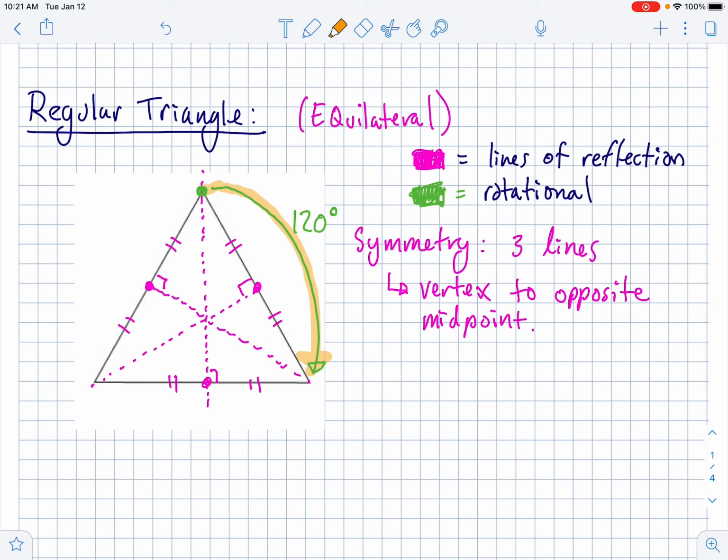So if you take this and rotate all the way to here, that's 120 degrees. If you were to take this point and rotate past the 120 and then all the way around to this point right here, this would be another 120 degrees. So this would be a 240-degree rotation.